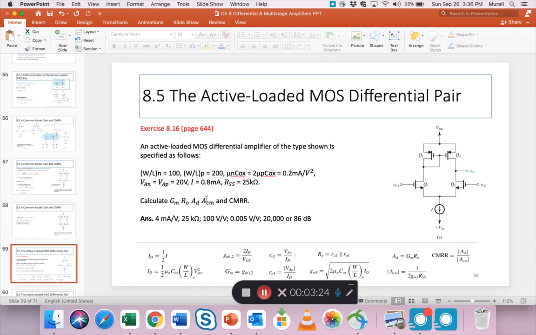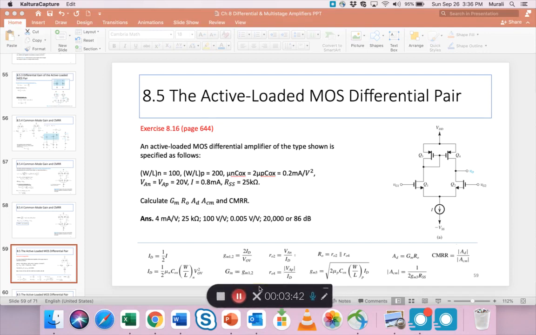Then A_cm, that means any common mode voltage applied to both ends. And finally CMRR. So the answers are given, but you obviously have to work through it.